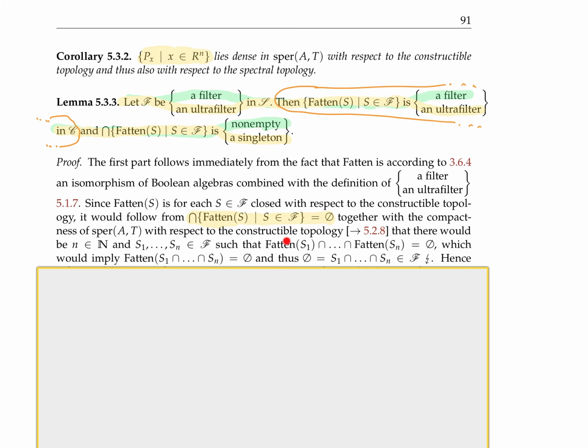Simply because this is the same thing as this, because fattening is a homomorphism of Boolean algebras.